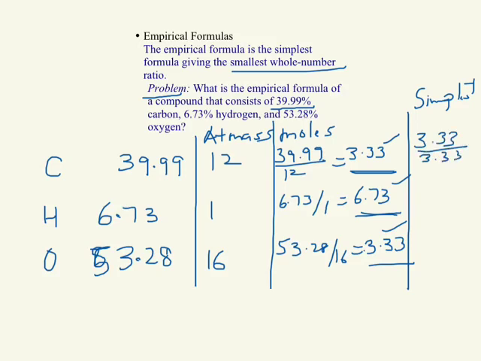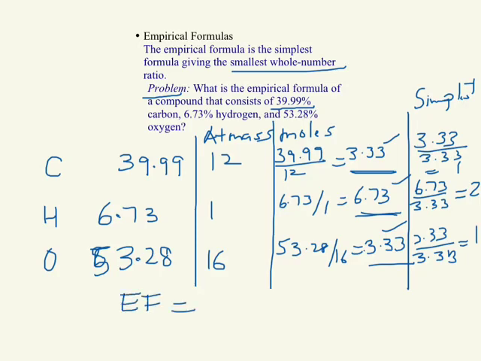So what will be that? 1, 6.73 divided by 3.33 will be 2, and here 3.33 divided by 3.33 is 1. So your empirical formula will be C1, and we don't write 1. If no number is written, it is assumed 1. H2O. So that's the empirical formula.